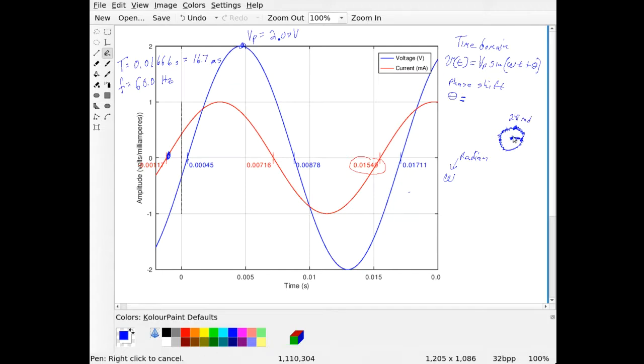Whatever the length of your radius is, you take 2 times pi times that radius, and that's the distance you would travel around the circumference of that circle. So that's what a radian is.